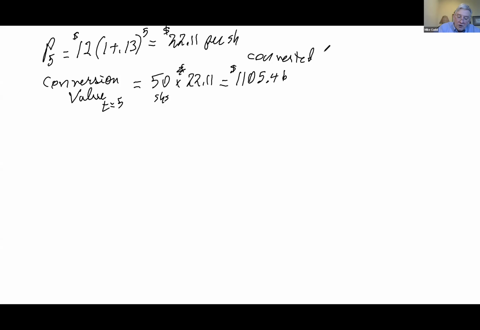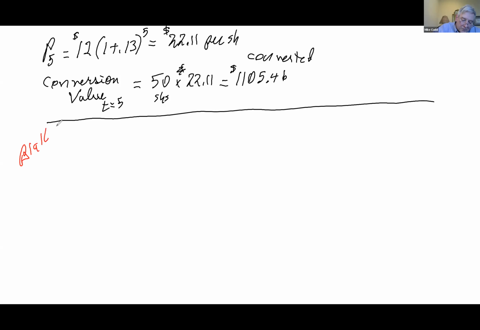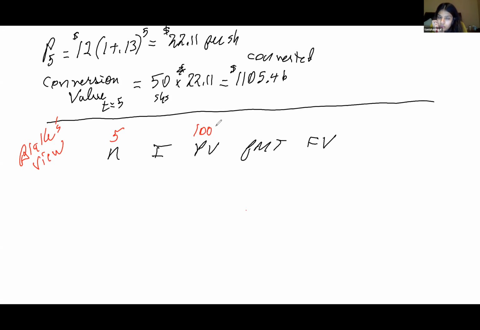Now, from Blake's view, and this time we don't even have to go to the CF key, they expect the bonds to be converted in 5 years. They're going to sell them for face value, 1,000.